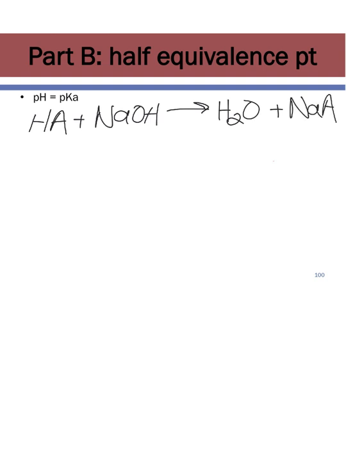Now I'm still using the generic A for the anion instead of the acetate, and that's just so my writing's easier, but you definitely could have done acetic acid over here, and then this would be sodium acetate.